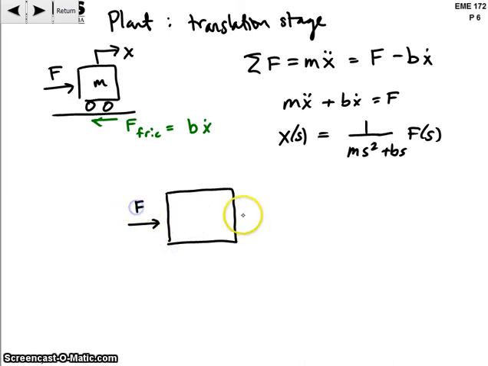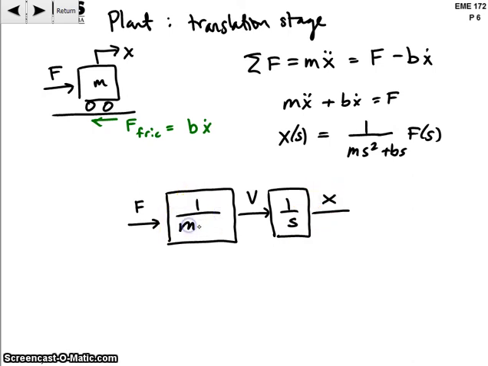Here's the force, it's coming out as velocity, which I'll write as v, and then we integrate that to produce the position. So this block here is 1 over (m s plus b), force to velocity, and then we have one extra integration to get us to position.